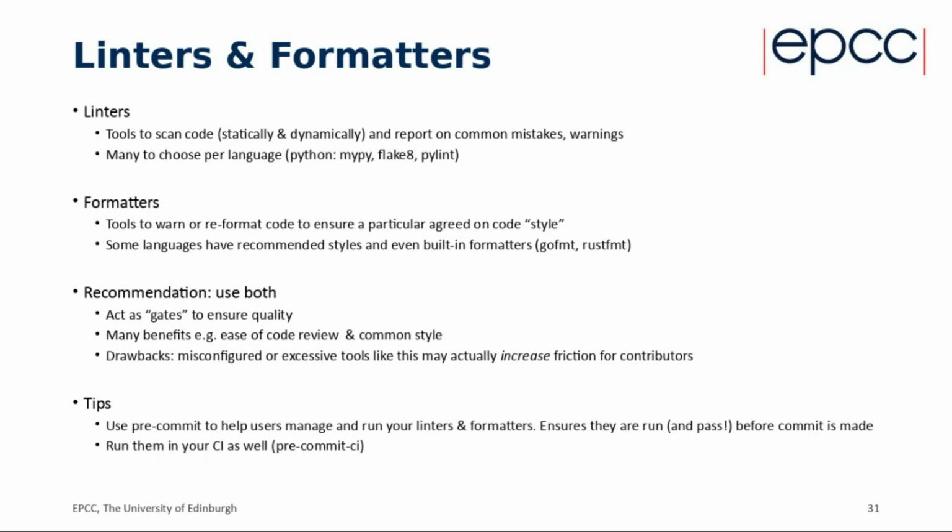People usually think it's kind of an extra, but sometimes when you're reviewing a pull request, you'll see something and go, oh, I don't quite like that. So if you have a tool to automatically make sure your code's in a specific format, then that reduces the overhead in the review process. Some drawbacks: don't have too many, because that will increase the friction for contributions and put people off adding to your project.